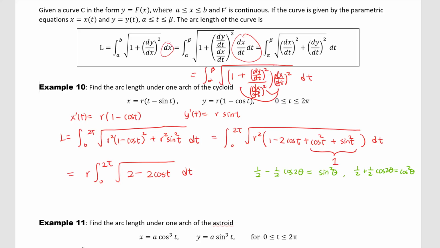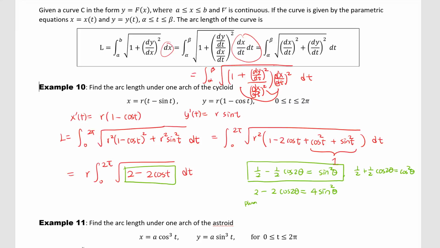You want to express this as something squared so that you can cancel with the square root. Which formula do you use? It looks like this one, but you have 2 instead of 1/2. Then you multiply both sides by 4. Then you get 2 minus 2 cosine 2 theta equals 4 sine squared theta.